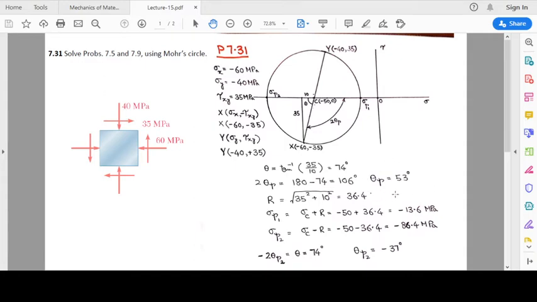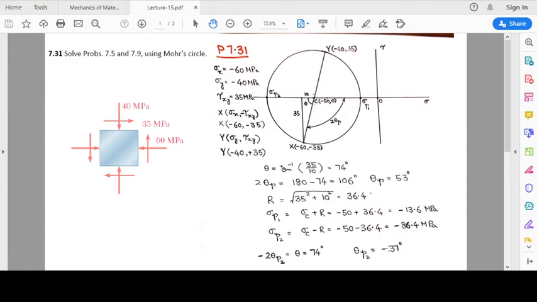And this theta P2 is going to be negative, because we start from this vertical plane, and counterclockwise rotation we are taking as positive. So this angle will be positive, which is 53, and this angle clockwise will be negative, so this is going to be minus 37.